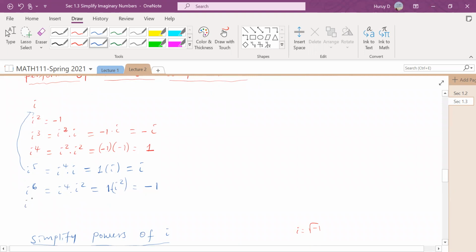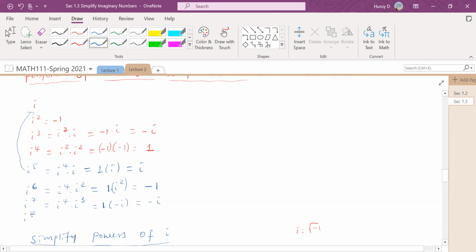And i to the 7th is i to the power of 4 times i cubed. i to the power of 4 is 1. i to the power of 3 is negative i. And again, this is negative i.